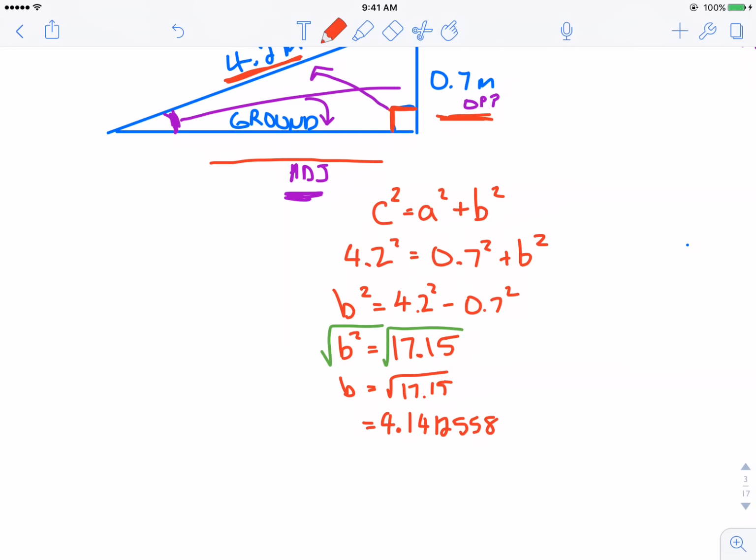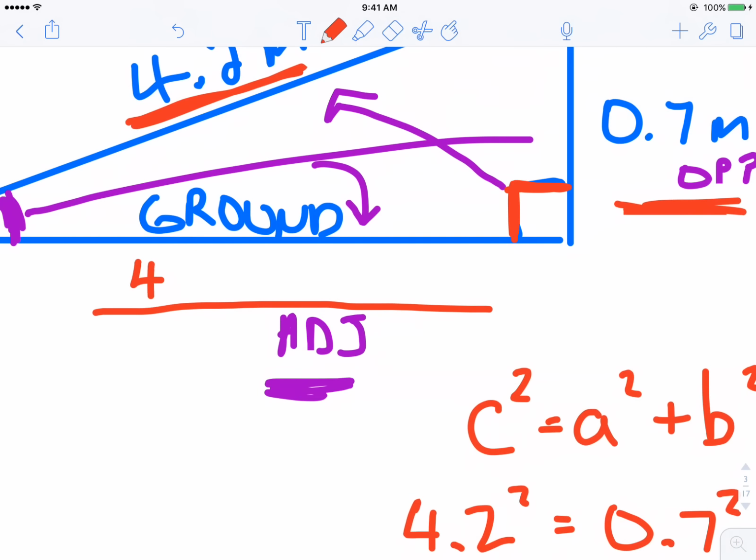So now this is our adjacent side, 4.1412558. Okay, that's our one side.